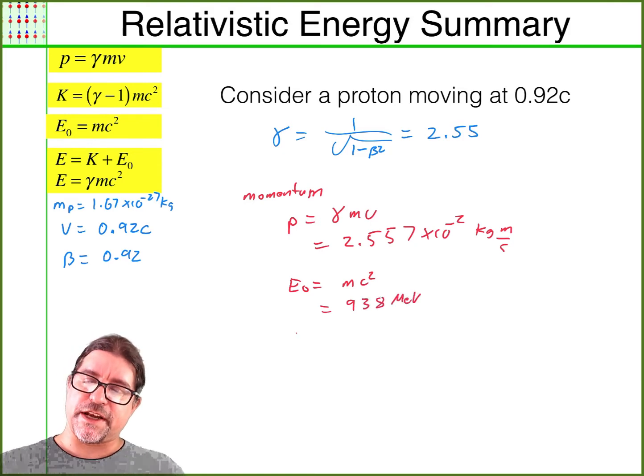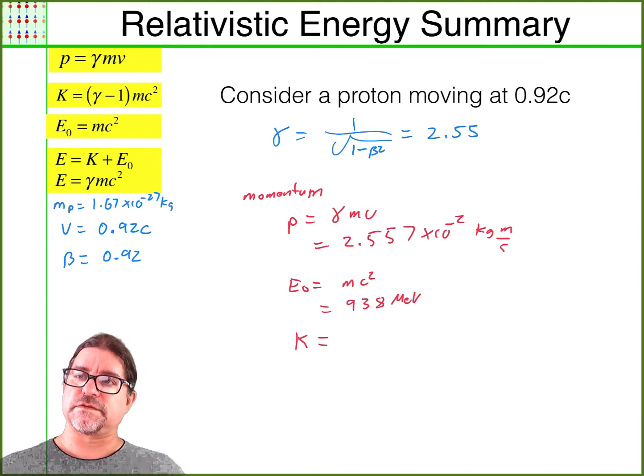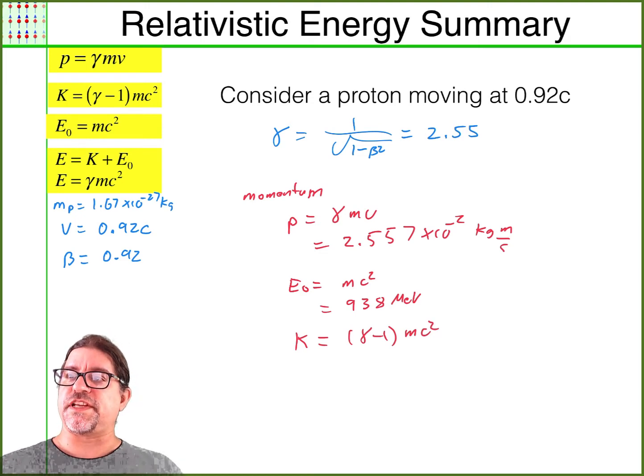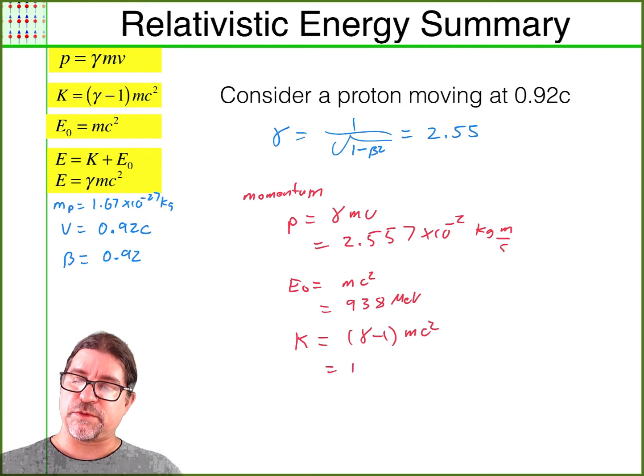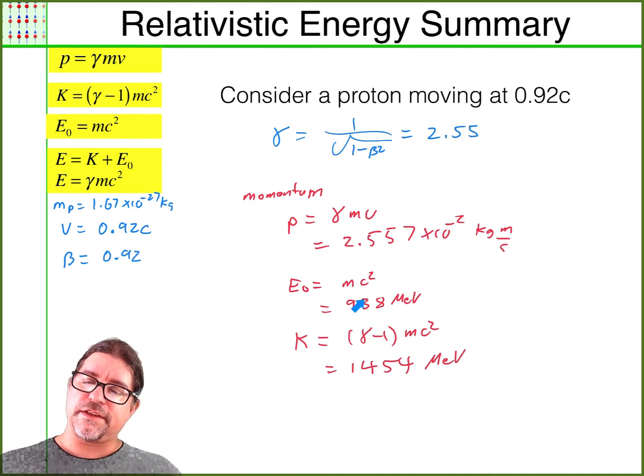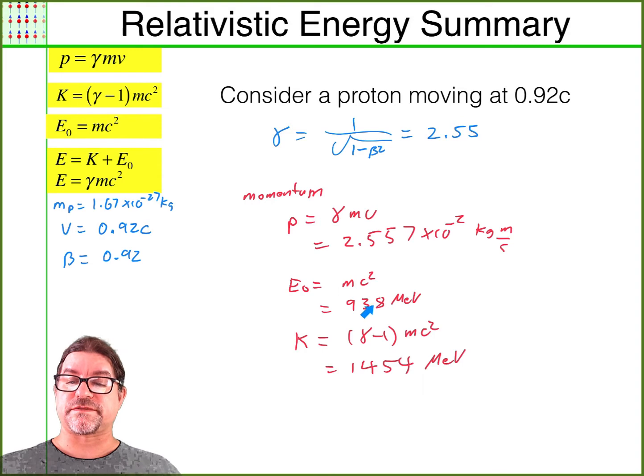If I wanted the kinetic energy, that would be gamma minus 1 times mc squared. So you would just take that 938 MeV and multiply by gamma minus 1. This would be 1554 MeV. Look at that: its rest energy is 938 MeV, but its kinetic energy is larger than its rest energy.